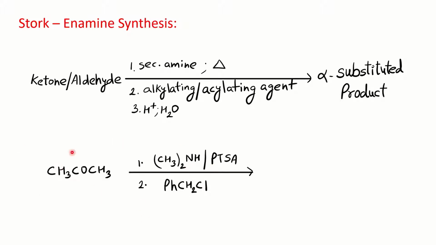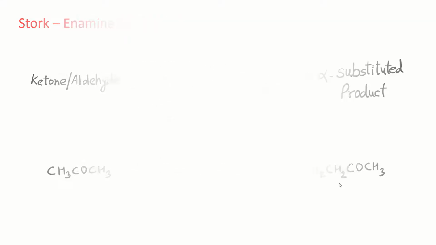So the condition fulfills Stork enamine synthesis, meaning we are going to form the enamine. And you can notice the product is alpha substituted. In this CH3, one of the hydrogens is replaced by PhCH2. So this is the alpha position and we got the alpha substituted product here.